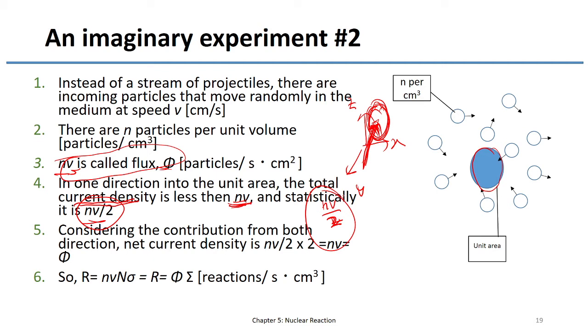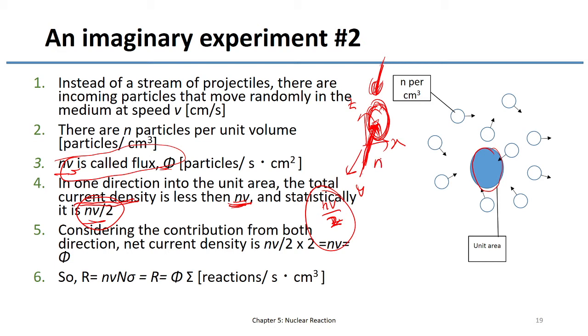Now if you consider the contribution from both directions, from the front to the back and from the back to the front, you will get the net current density.